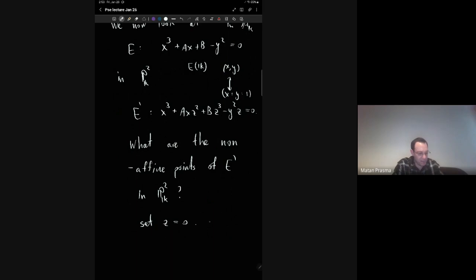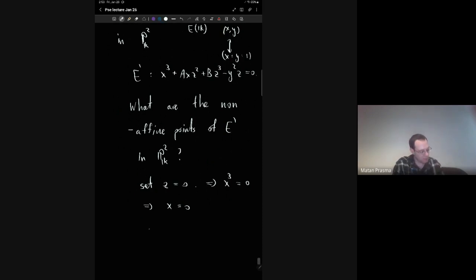And I get x cubed is equal to 0, which means that x is equal to 0. And of course, (0, 0, 0) is not a legitimate point in the projective plane.